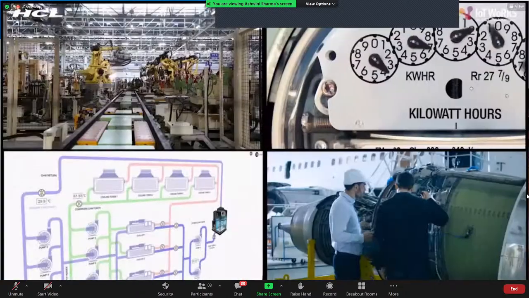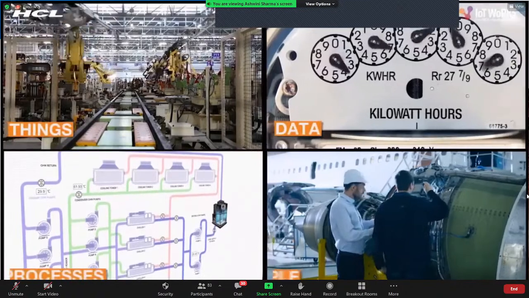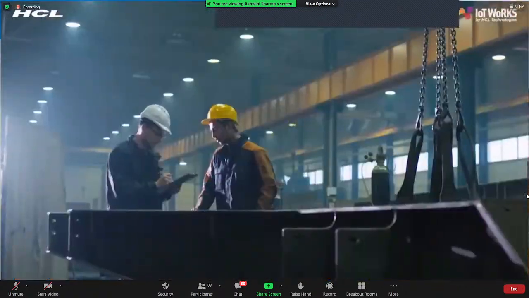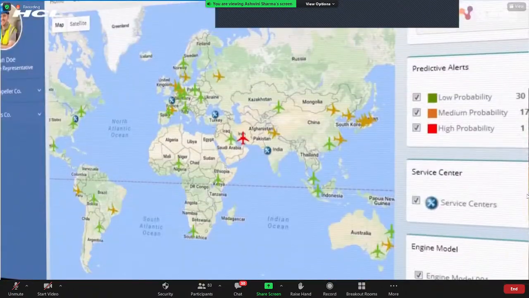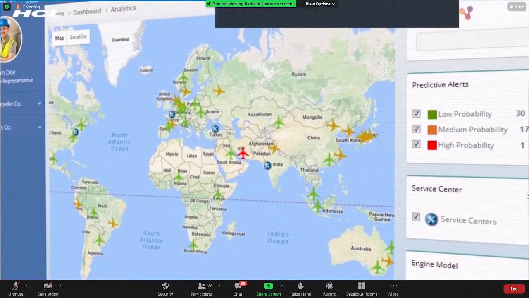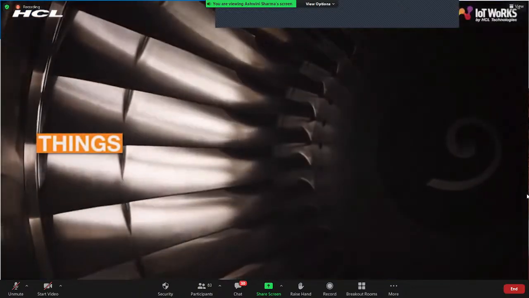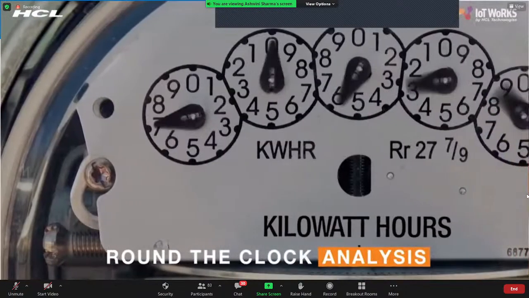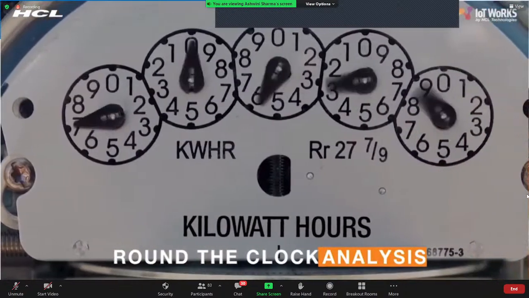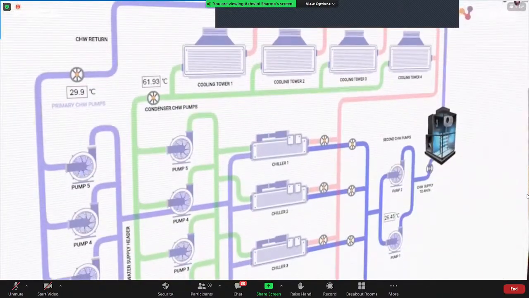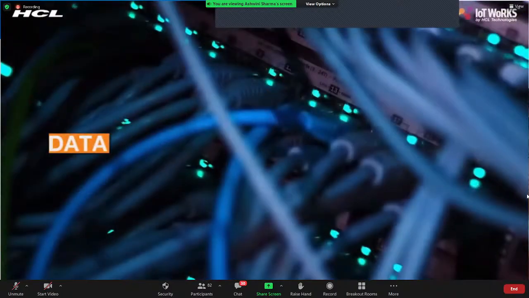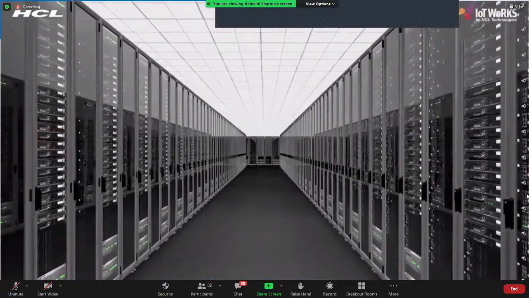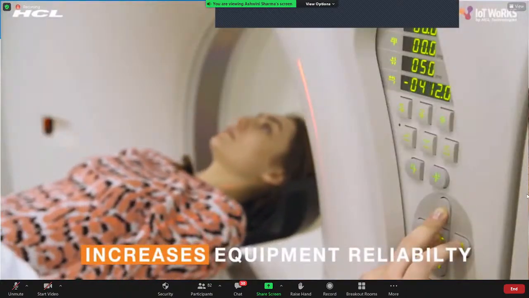It amalgamates things, data, processes, and people, by providing measurable business outcomes for better analytics and behavior prediction. The predictive maintenance solution lights up an important, expensive business asset and continuously integrates multiple types of data onto an IoT platform. The system analyzes data using algorithms, which results in increased reliability and control over equipment life.